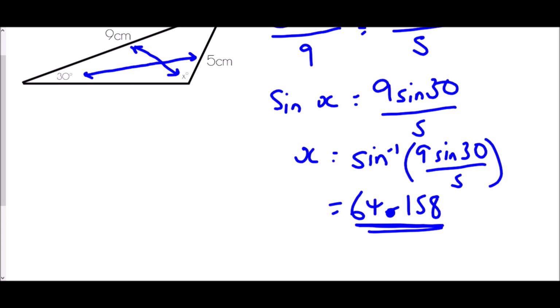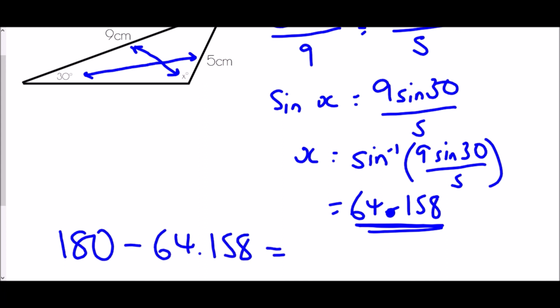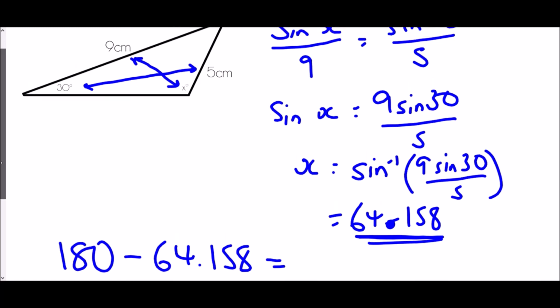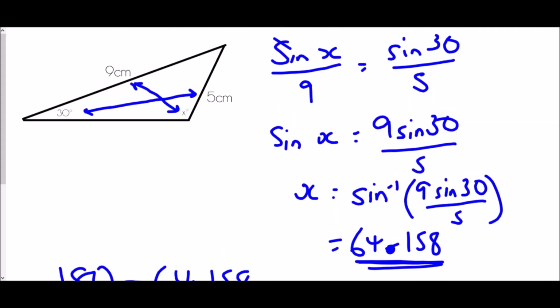The correct answer is then 180 take away the acute version, because what happens here, this is actually dealing with the same situation as if I added the line 5 centimetres here. It's finding this angle here in the triangle, because the calculator doesn't recognise the shape of the triangle originally.